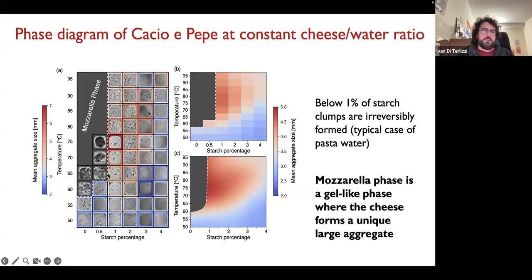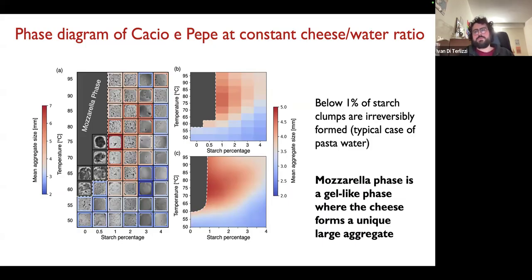And as you see, if you are below this critical concentration of 1%, once the temperature goes up, you end up with this huge clump, which basically spans the whole petri dish, and ends up in this state that we were calling in a very friendly way the mozzarella phase throughout our experiments.